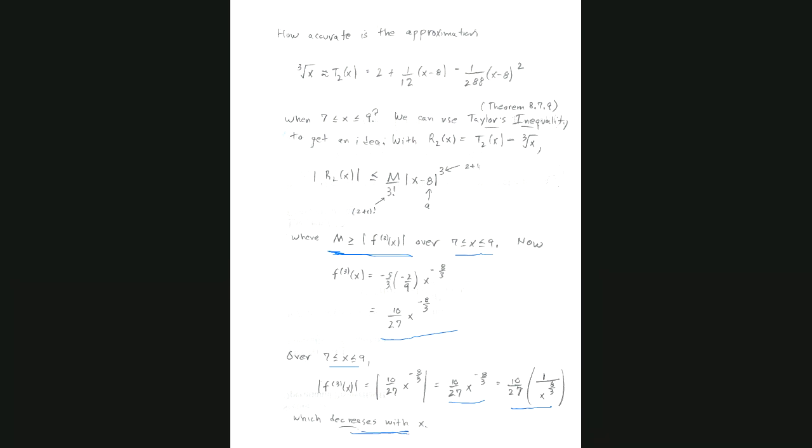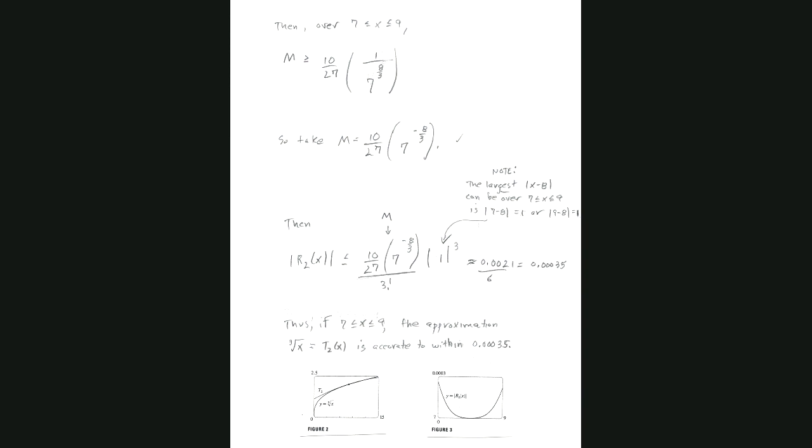And because of that, the third derivative would be maximized when x is 7, the left endpoint of that interval. And therefore, that's why we choose M to be equal to 10/27 times 7 to the negative 8/3 power.